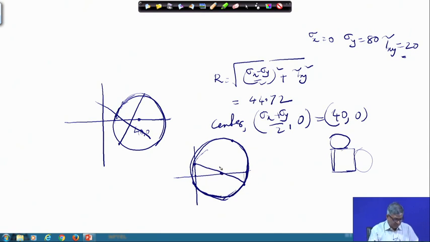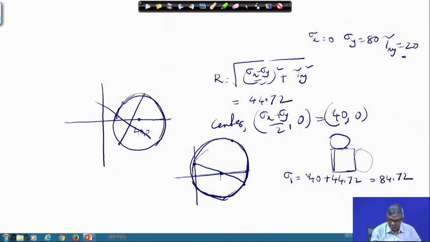From here actually a number of things we can get. So, this is C, and that is sigma 1. If I draw the graph to scale, I can directly read this value. Otherwise, I can find sigma 1 exactly: it is the center, 40, plus the radius, 44.72, so that becomes 84.72.